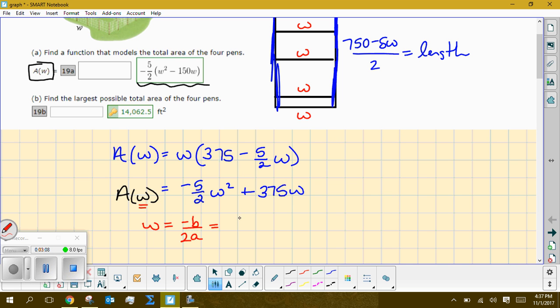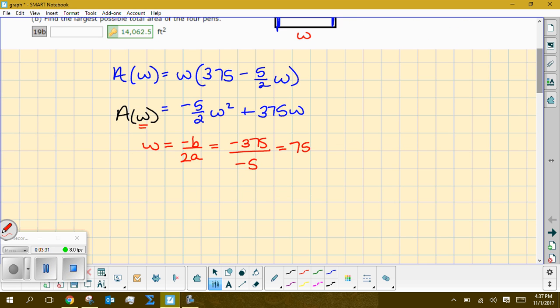In this case, B is 375, so negative 375 over 2A. Well, 2A is multiplying this number here by 2, which gives you negative 5. So that ends up being 15, 60, 75. So W is 75. When the width is 75, that's going to provide us a maximum area.